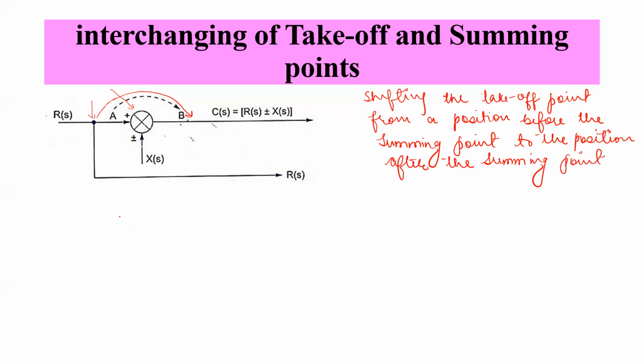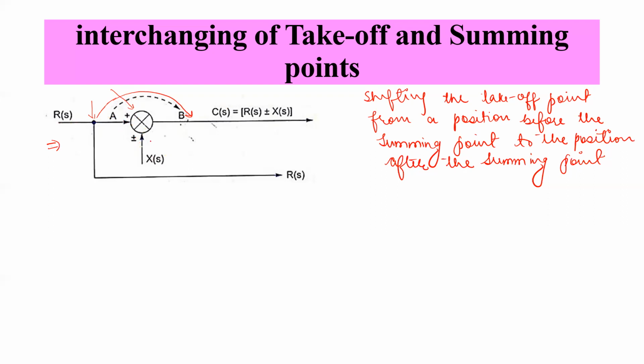So if we have to do so, what changes do we have to make in the original block diagram? This is the original block diagram representation, or the original structure, wherein we have a takeoff point and summing point falling together with one another. As you can see, this is a summing point and this is a point A. So we are shifting this takeoff point from point A to some point B. RS is coming as an input to the summing point.